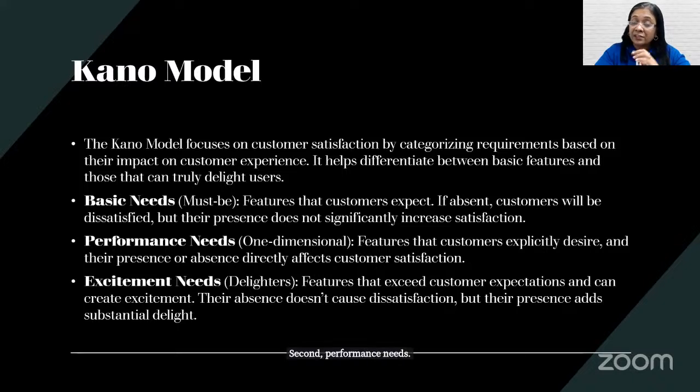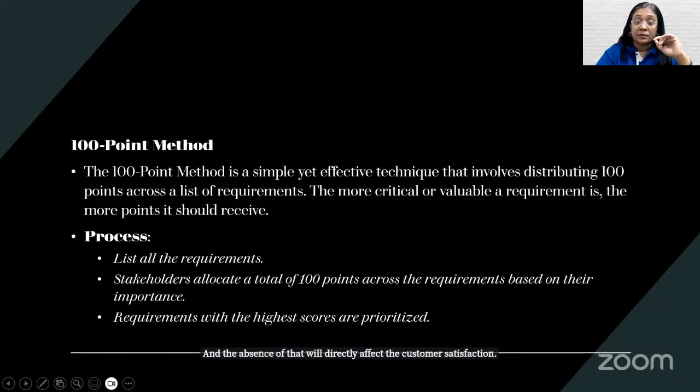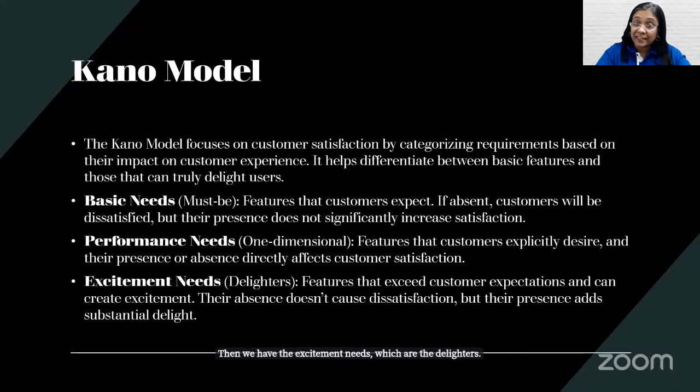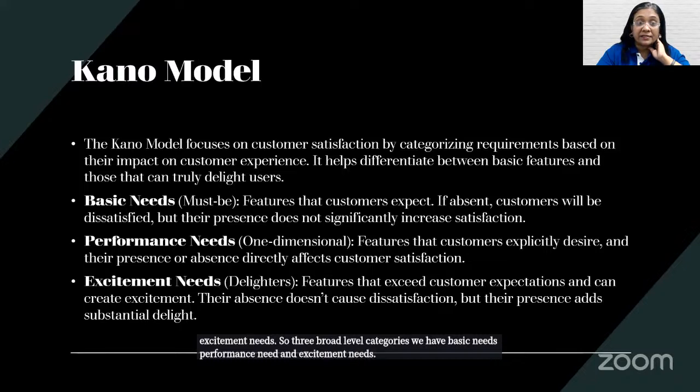These are features that customers explicitly desire, and the absence of them will directly affect customer satisfaction. Then we have the excitement needs, which are the delighters. Features that exceed customer expectations and create excitement are called excitement needs. So three broad categories: basic needs, performance needs, and excitement needs. Understand these three categories.